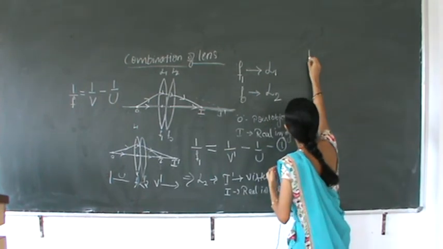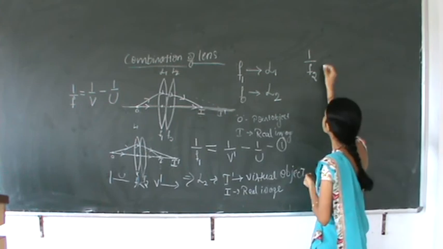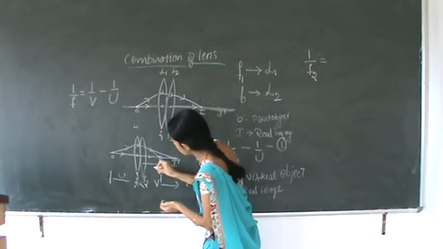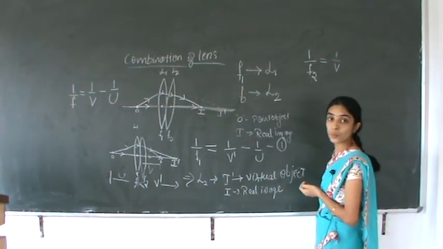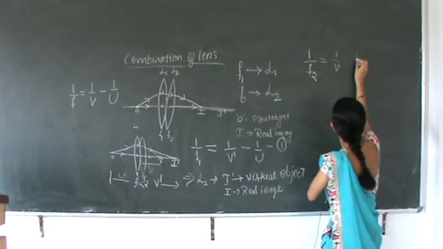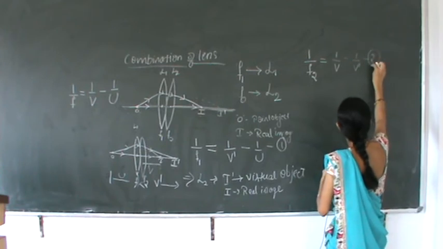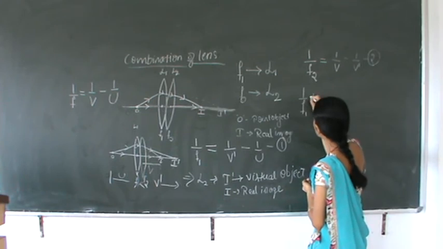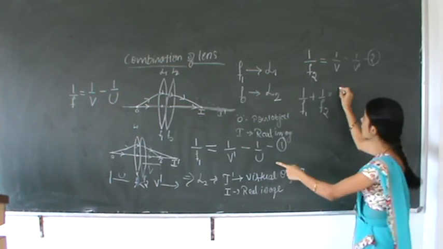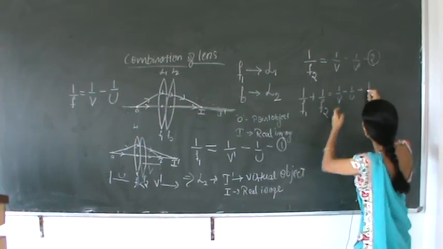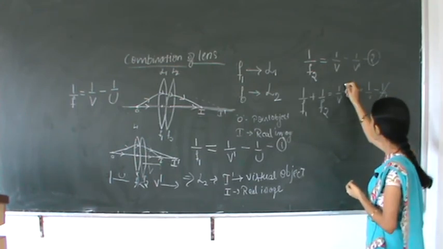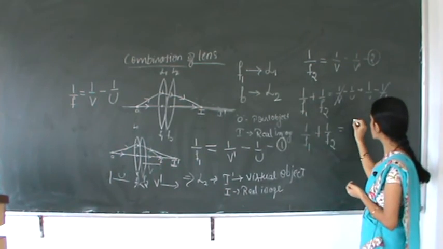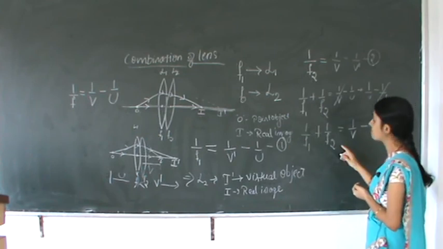I can write the equation 1 by f2 equal to 1 by v minus 1 by u.